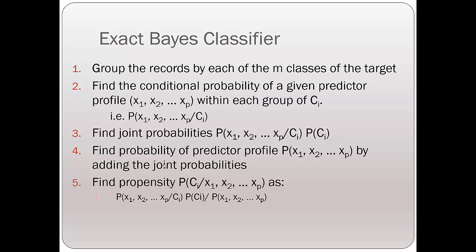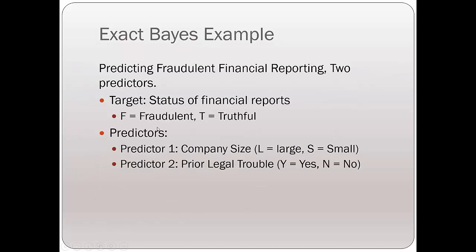And then within each group, find the conditional probability for a given predictor, and then find the joint probability, add them up, you get the probability of the predictor profile, and then divide into each of the joint probabilities, and you get the propensity.